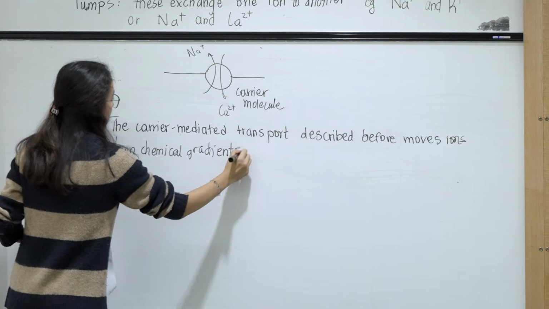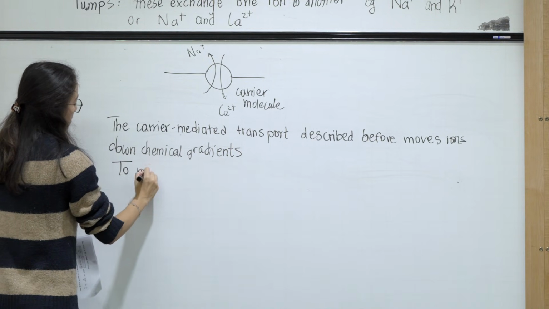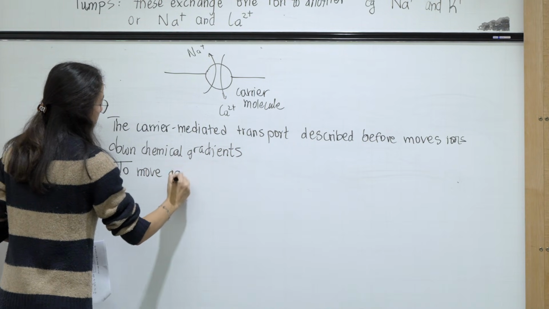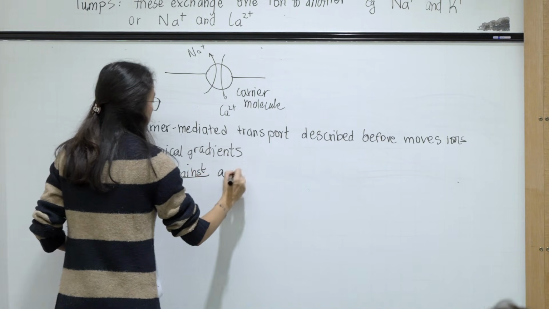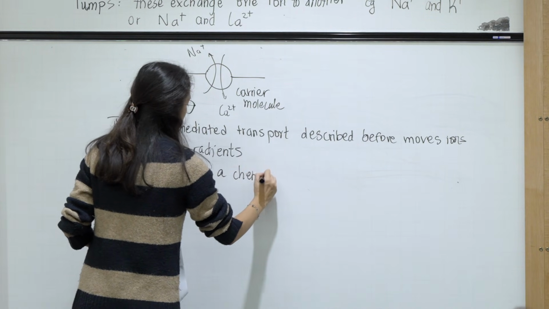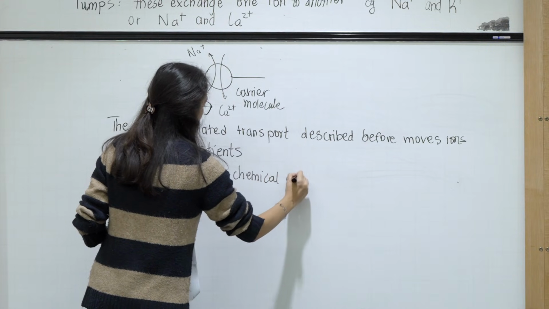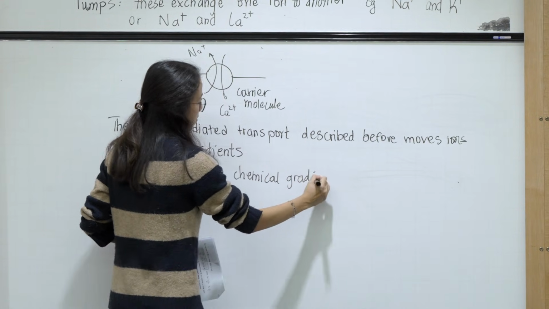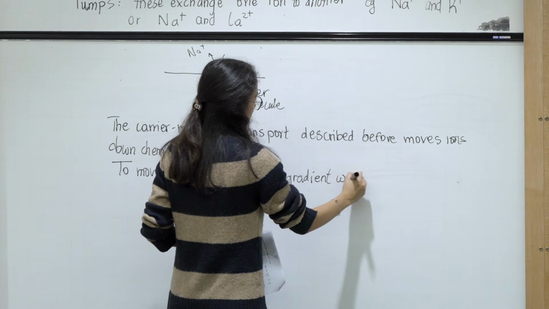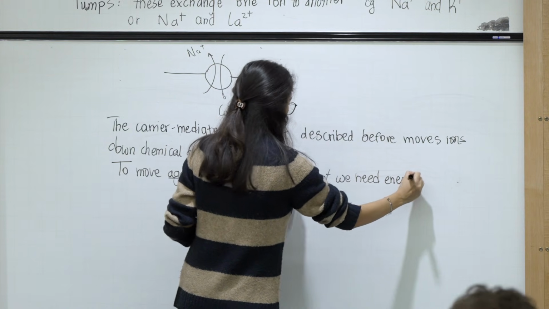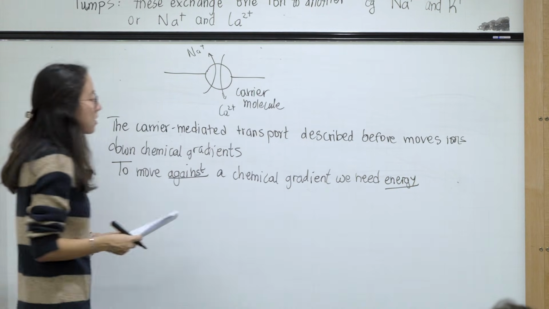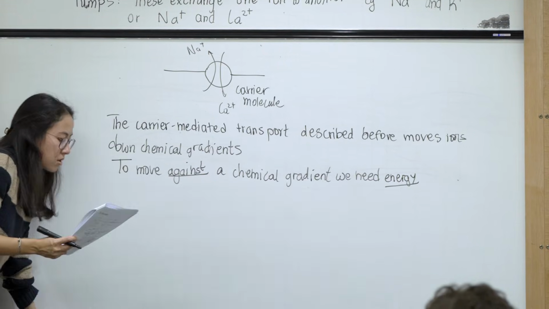To move against, this is important, a chemical gradient, we need energy. So this is why it's called an active mechanism.